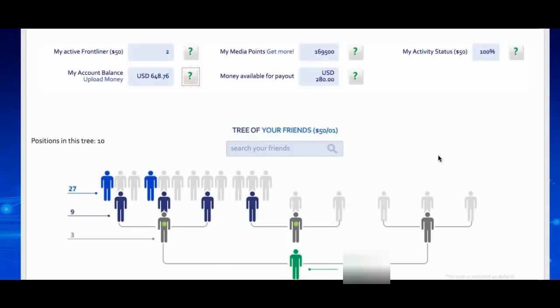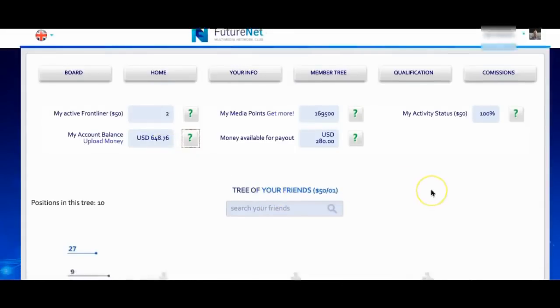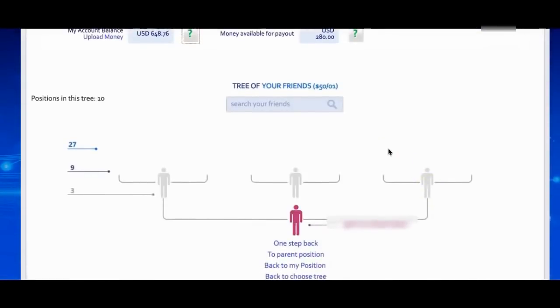The forced matrix works as follows. Let's take an empty position. We'll blank out the screen name so that everybody's clear. If the upline of this person sponsors people that come in and pay for this level of the matrix, either through buying the matrix position or through earning it by withdrawing money from the Avenue Red share, the first goes left, the second goes in the middle, the next goes into the right.